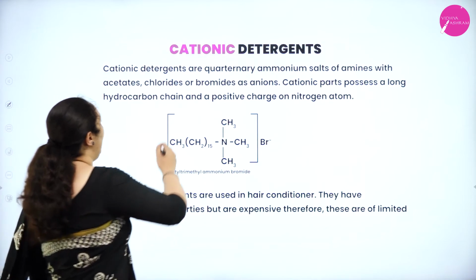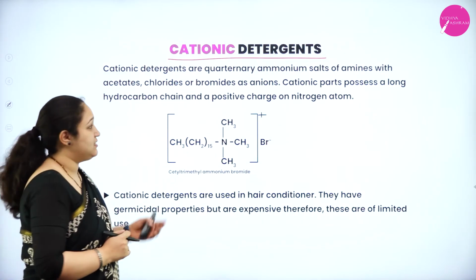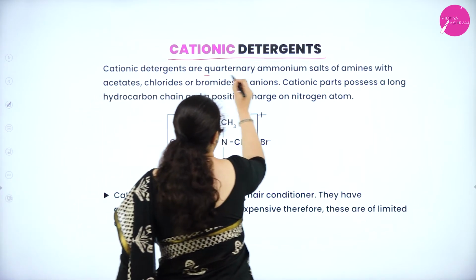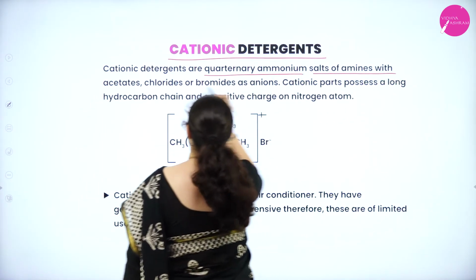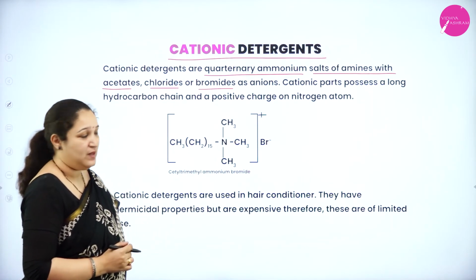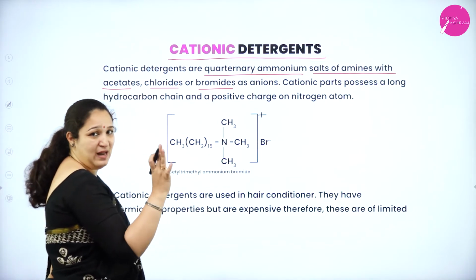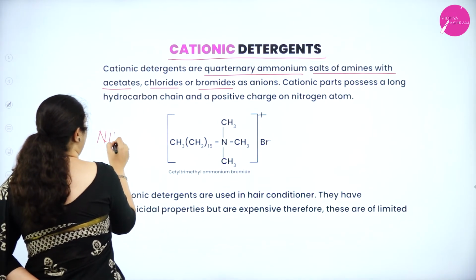Next is cationic detergents. What are cationic detergents? Cationic detergents are quaternary ammonium salts of amines with acetate, chlorides or bromides as anions. See, in amine we have NH, for example, ammonia we have NH3.